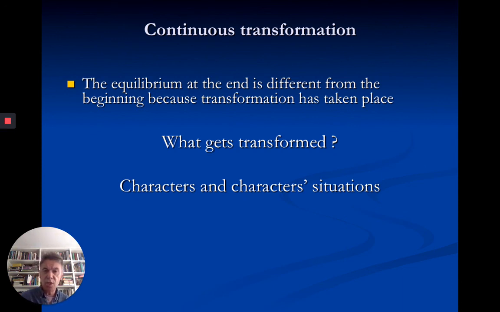So we've got continuous transformation where the equilibrium is disrupted, the world of the characters is thrown into a disturbed state, and then a different kind of equilibrium is achieved at the end of the film, providing a satisfying sense of closure of this particular story.